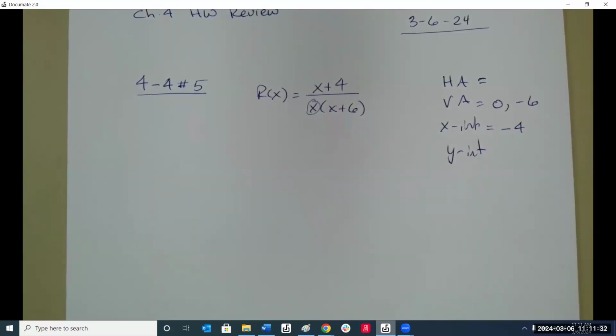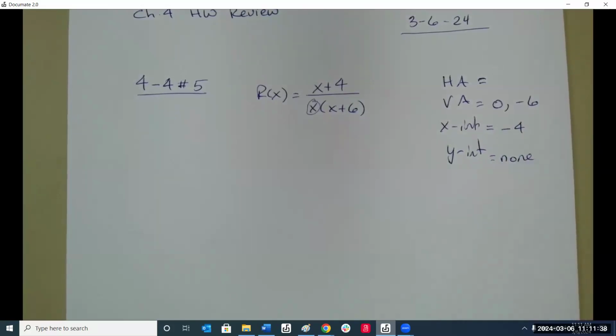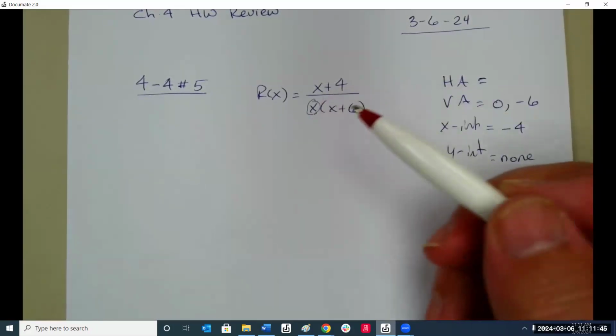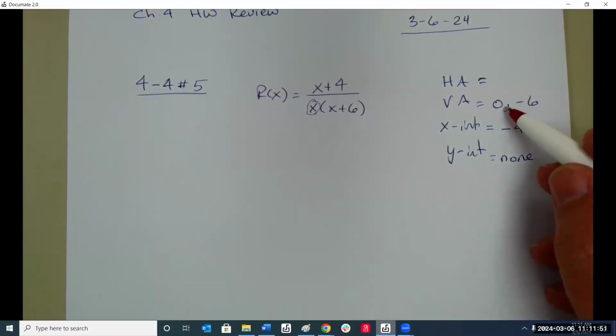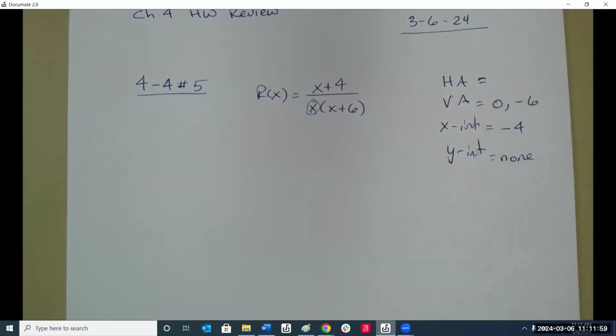The y-intercept: there's none. Why? Because of this 0 out here by itself. If that turns into 0, the denominator is 0, it's undefined. So there is no y-intercept. We know there's no y-intercept because there's a vertical asymptote at 0, and that's the y-axis.